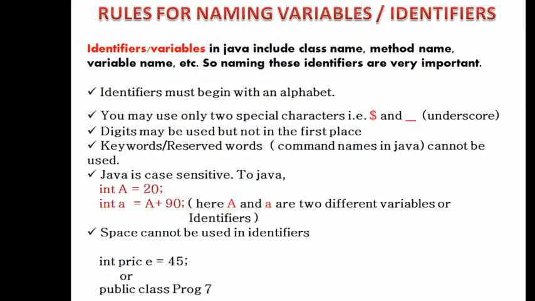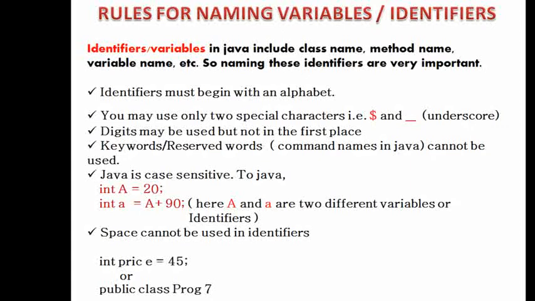First of all, identifiers must begin with an alphabet. You can only use two special characters, that is $ and underscore. You can use digits but not in the first place.